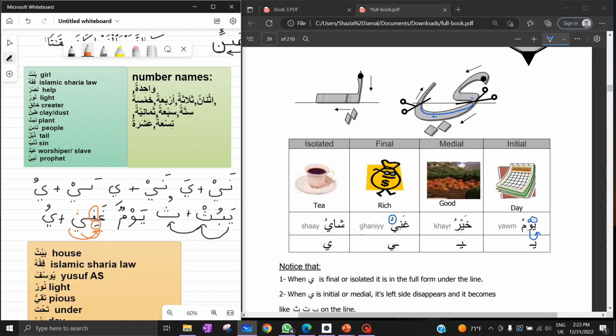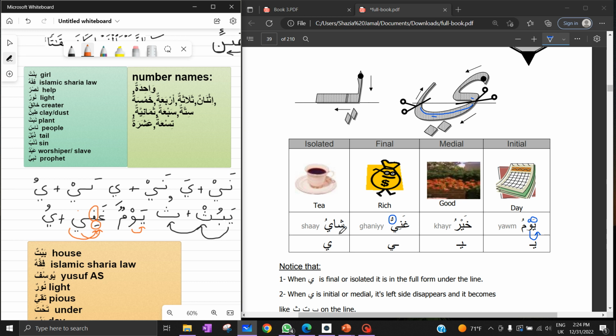So do we need to put a sukoon here? No, we don't put a sukoon over a ya as it is a long vowel. In the earlier case, wow had a sukoon because the previous letter did not have a dhamma. So this is a really important point here. I hope you've understood.